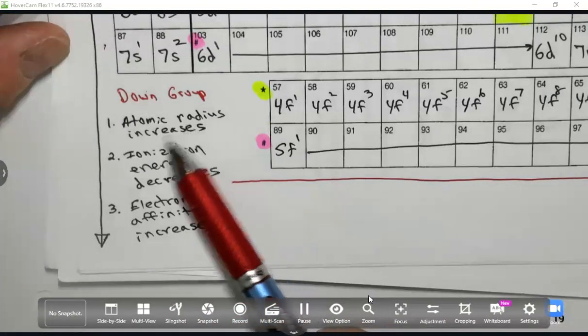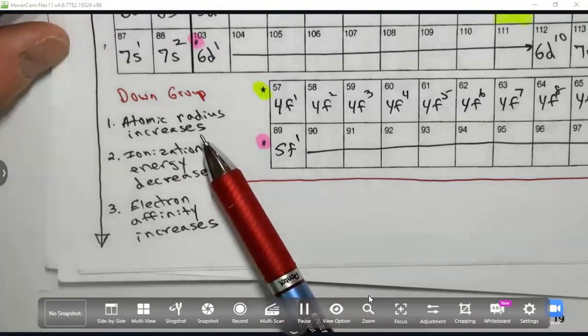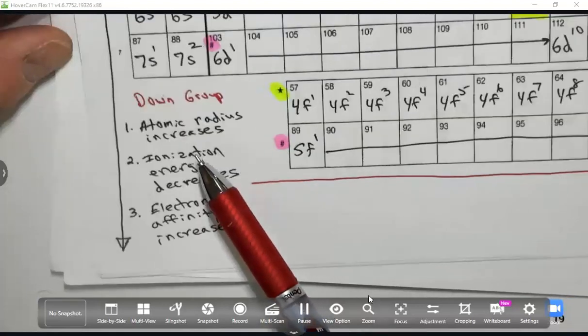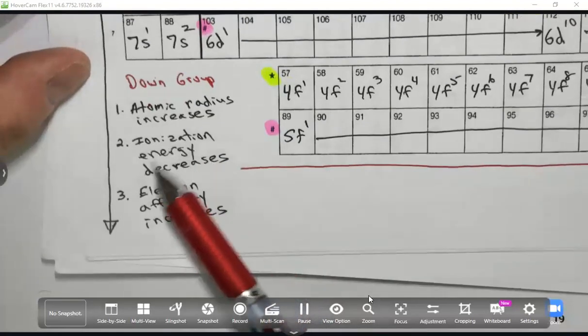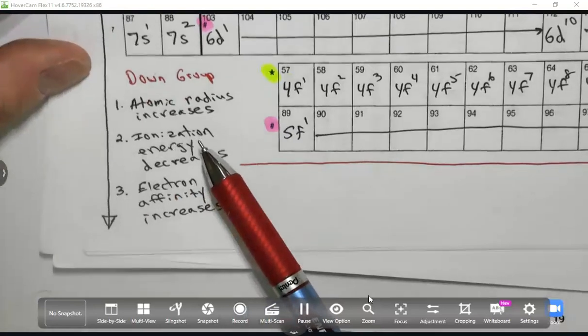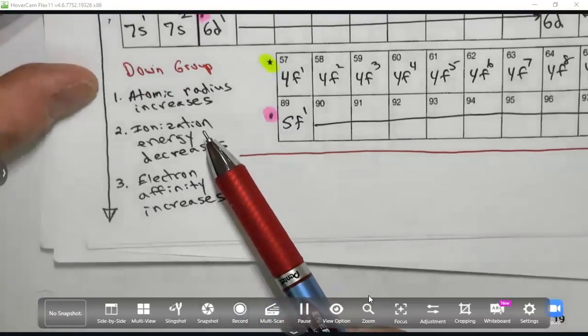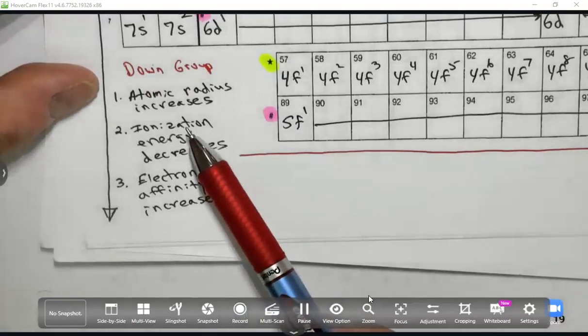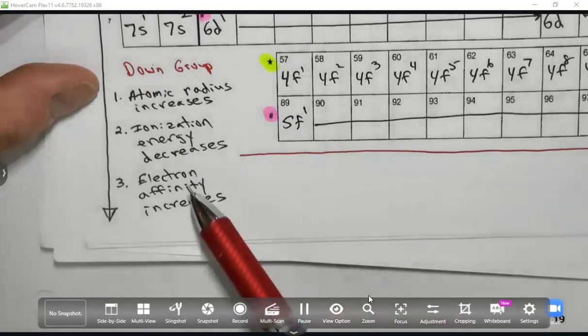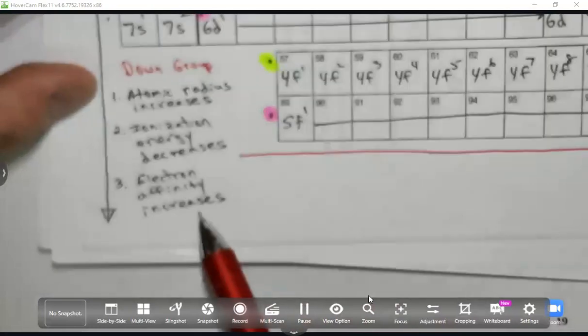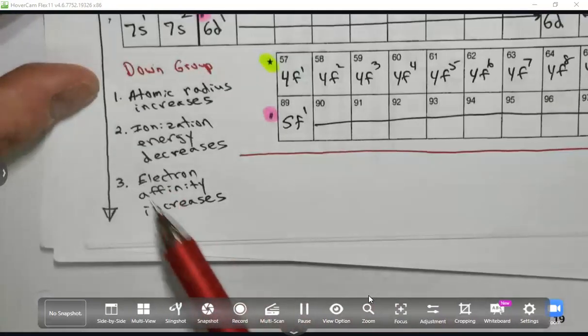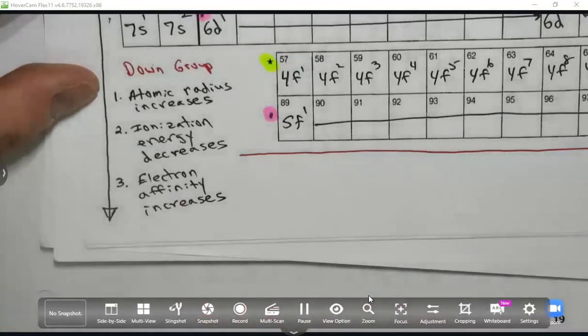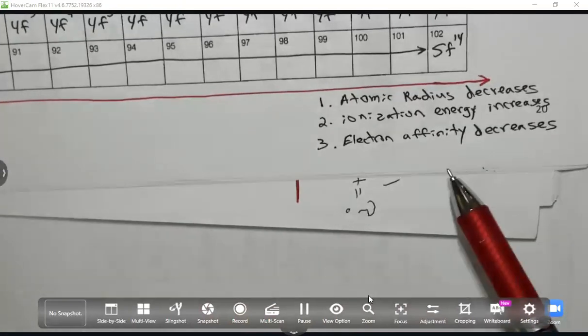Going down a group, atomic radius increases. The ionization energy, the energy needed to remove the farthest out valence electron, decreases. Electron affinity, to add an electron, increases. Going down a group, that is; going across, it's the opposite.